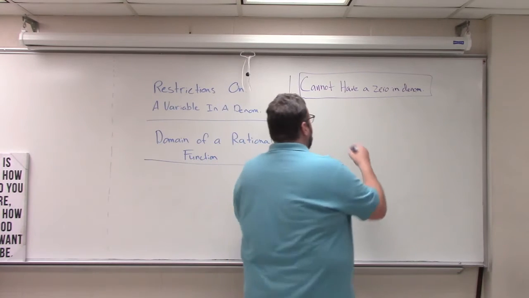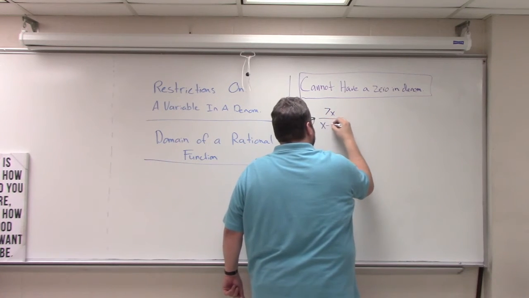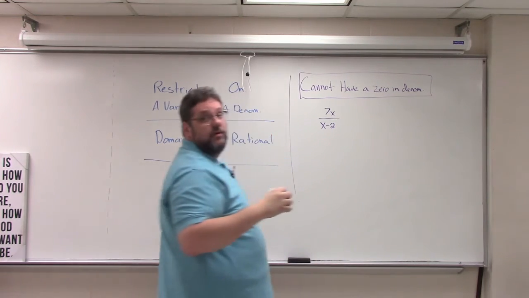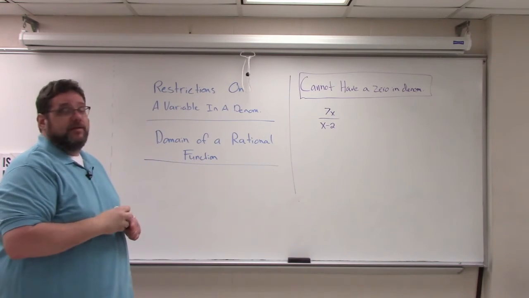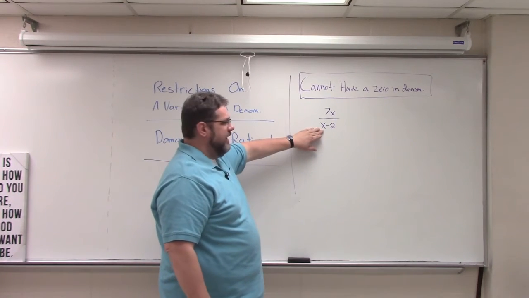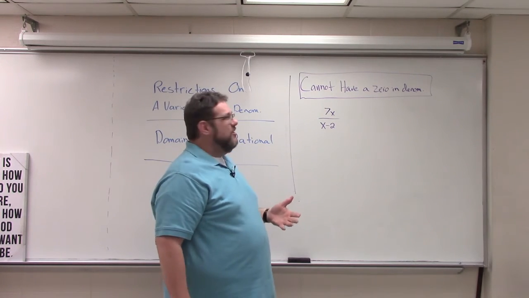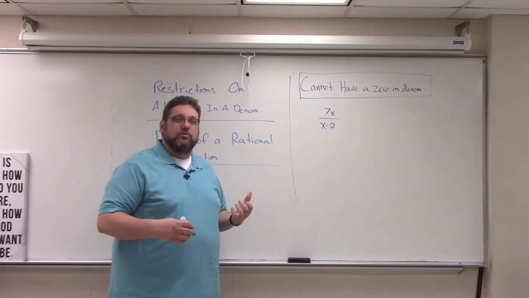For instance, let's say I have this expression: 7x over x minus 2. All right, so here's the question I'm asking. What number could I plug in right there for x that would cause a zero on the bottom? Well, this one's pretty simple. I mean, it'd be 2, right?